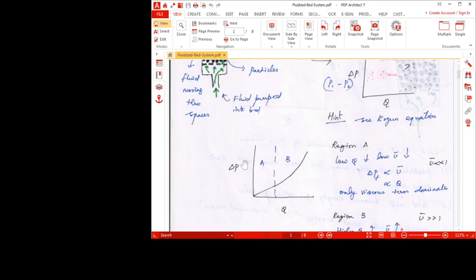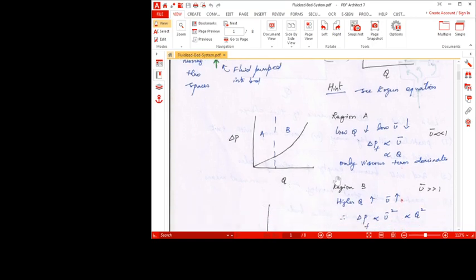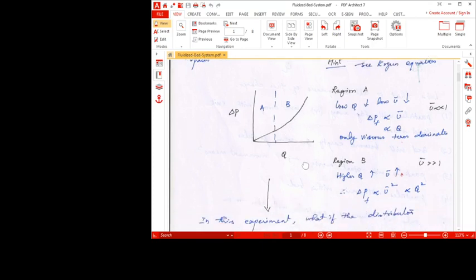At very low values of velocity, that means low flow rates, only the viscous term dominates, because the inertial term is the square of the velocity, which may not be appreciable enough. So this will look like a straight line, because pressure drop will be proportional to velocity there. In this region B, when the velocity is very high, this will curve, so you will have a quadratic expression.